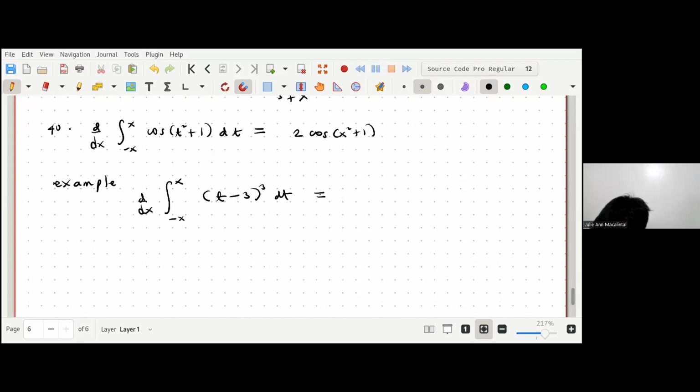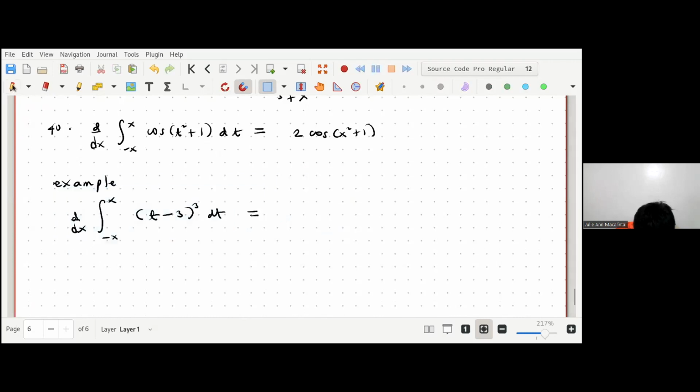Ano kaya yan? So, gawin natin, do it the long way. So, derivative with respect to x of 0 to x, t minus 3 cube dt, plus negative x to 0 of t minus 3 cube dt.